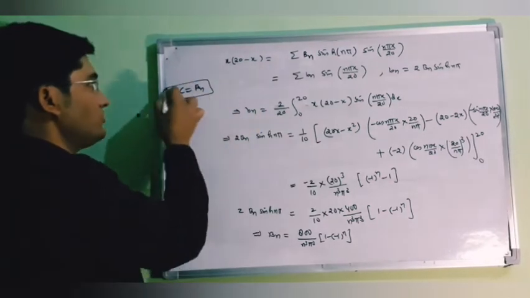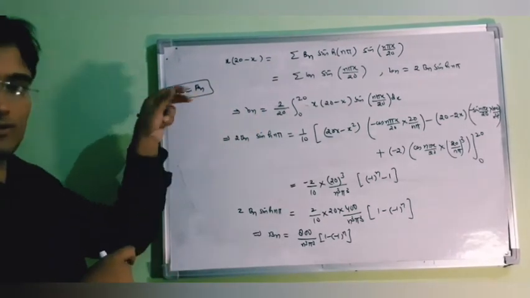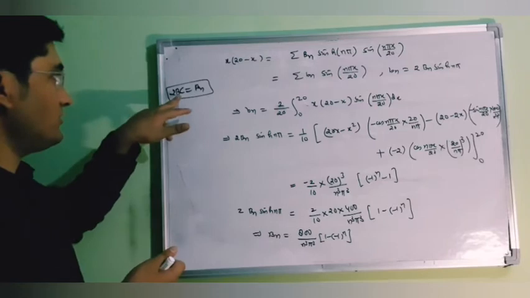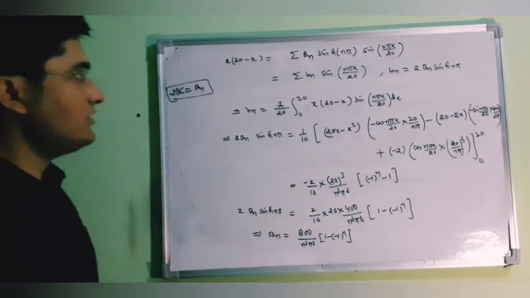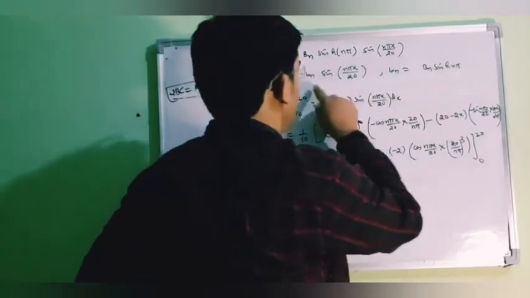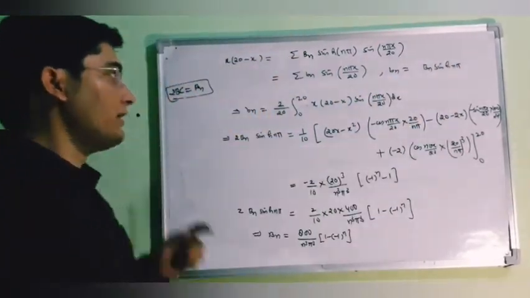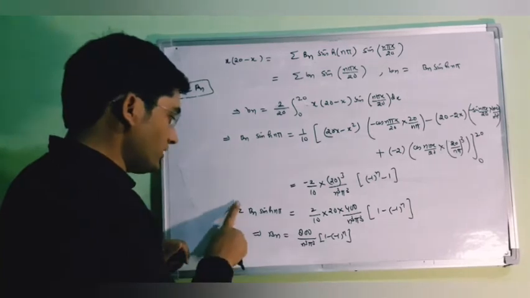That means when earlier I have written b into c as constant bn, and if you write 2 into bc as bn, then we will have just bn sinh n pi, and in that case this 2 will not come.